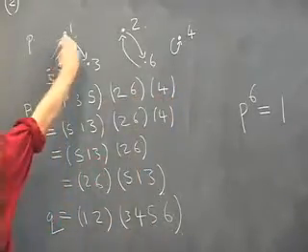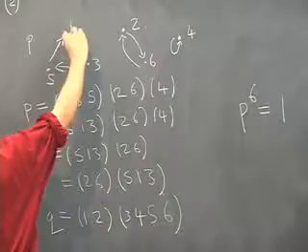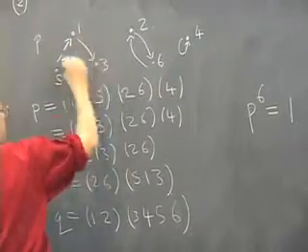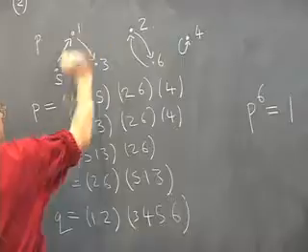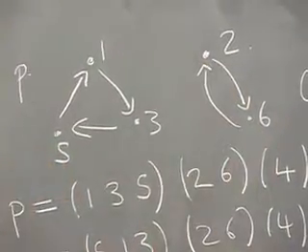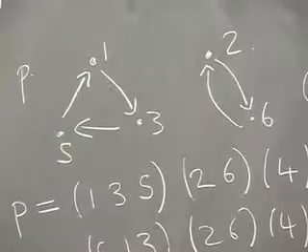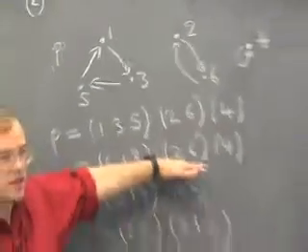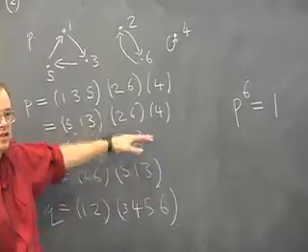Or you can think sort of pictorially, as I do P, I move around this triangle. If I do it any multiple of 3 times, everything in this triangle will be fixed. If I do it any multiple of 2 times, everything here will be fixed. And this somehow illustrates the beauty of the cycle notation. You can very quickly see things like this.